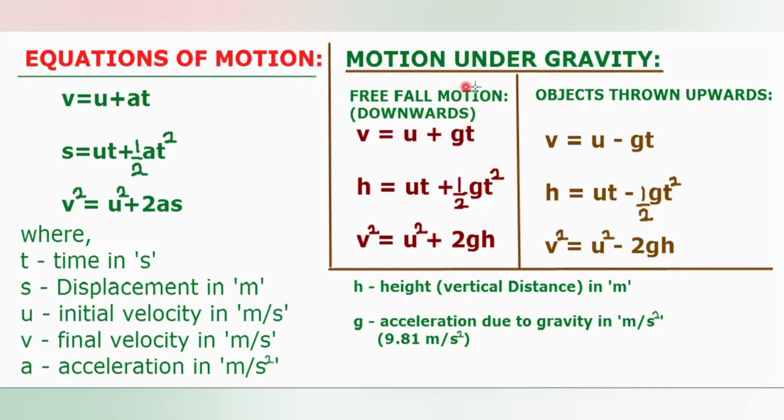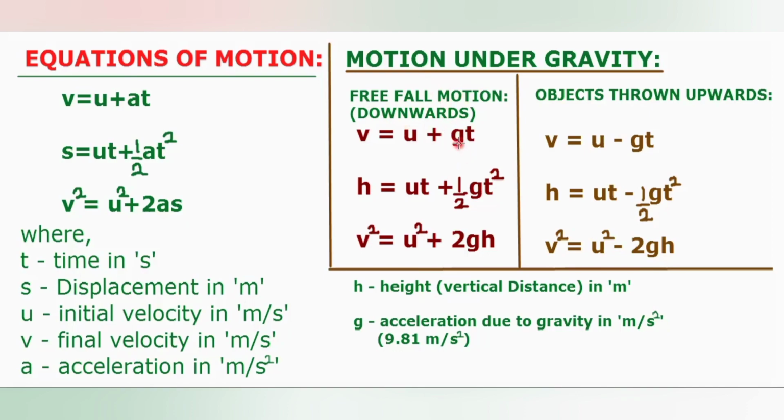First, for free fall motion in the downward direction, the object falling down under the influence of gravity moves along the direction of gravity.